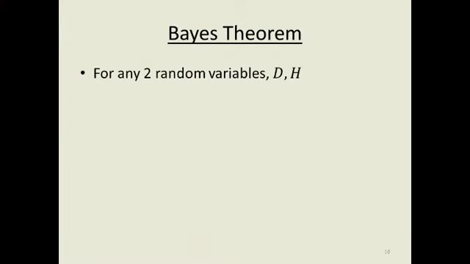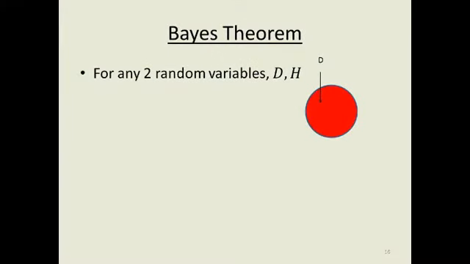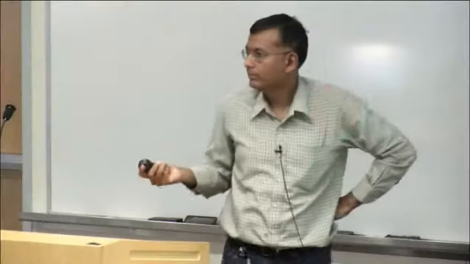And the reason, I'll just quickly cover this concept called Bayes' theorem. I won't go too deeply into it, but I guess this will be covered in a lot more detail on the last day when Chris Bishop and John Bronskill talk about modeling and inference. So if you take two random variables, D and H, and I'll later come down to why I chose this notation, suppose this red circle tells you all the possible values that the variable D can take.